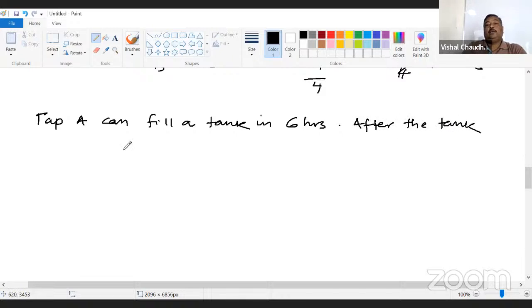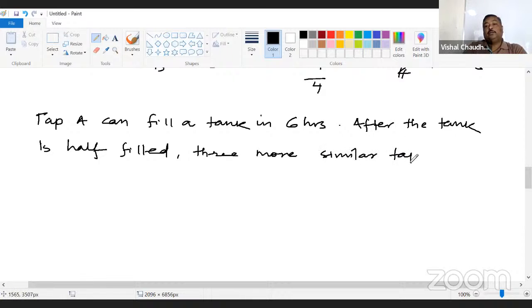After the tank is half filled, three more similar taps are opened.